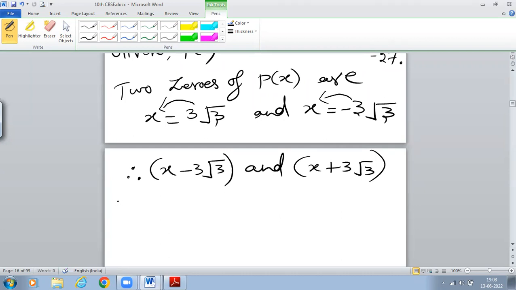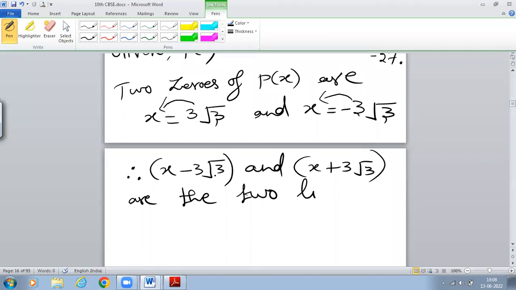Therefore x minus 3 root 3 and x plus 3 root 3 are the two linear factors of the given polynomial. They are called linear factors because the degree is 1, as there is no power for x, which means there is 1.